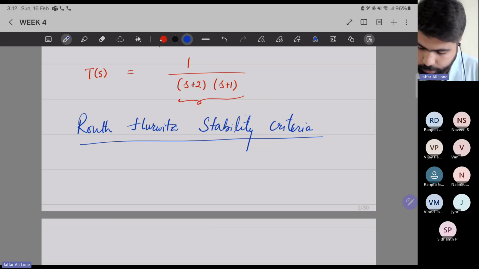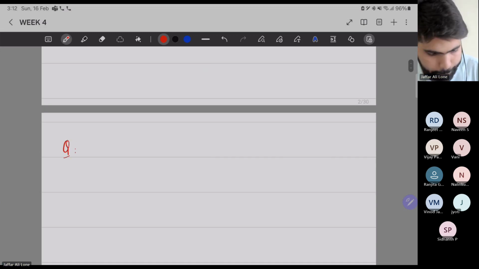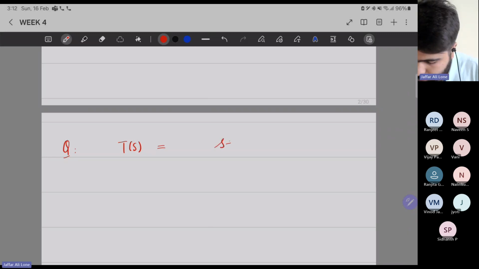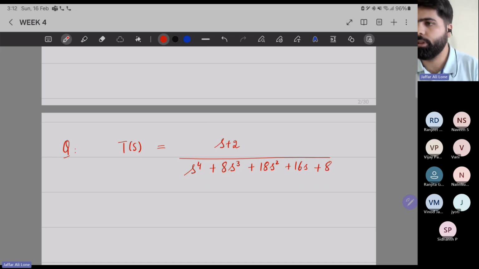So for example, if we have a question, we are given a closed loop transfer function as s plus 2 divided by s to the power 4 plus 8s cube plus 18s square plus 16s plus 8.